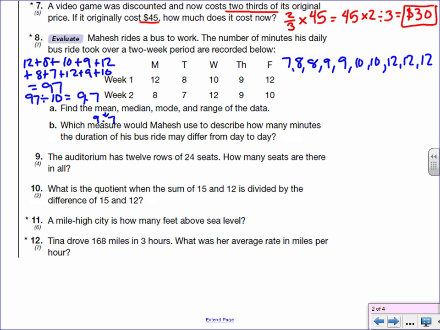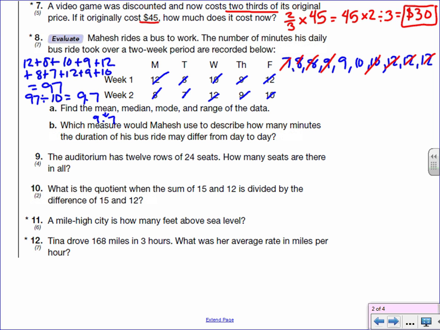The other way is to go back through and actually cross out the ones that you've used to make sure that you didn't miss a number. So now I take one off each end at a time. So the 7 and the 12 go away, the 8 and the 12 go away, the 8 and another 12 go away, the 9 and the 10 go away, until I either have 1 in the middle or 2 in the middle.